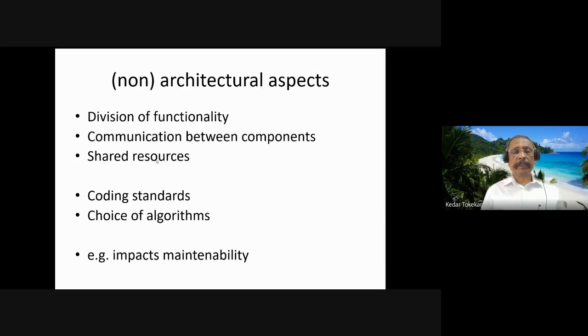If you make it public, the compiler is going to allow you and the system is going to function, but the system is going to be very fragile. If coding standards are not there, your system can start failing. So coding standards definitely impact the overall system in non-functional ways.